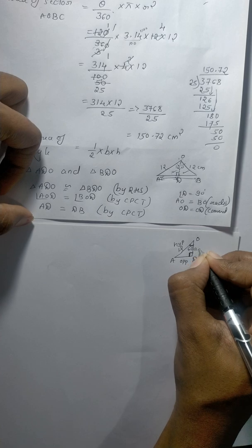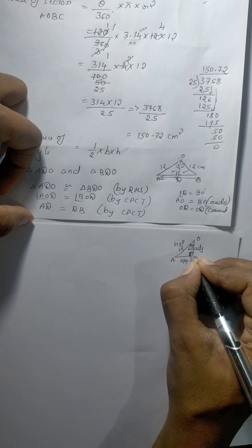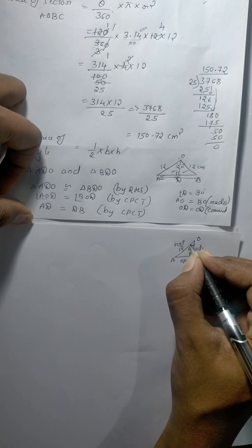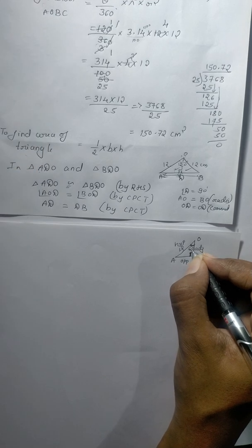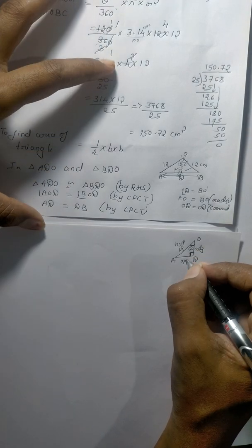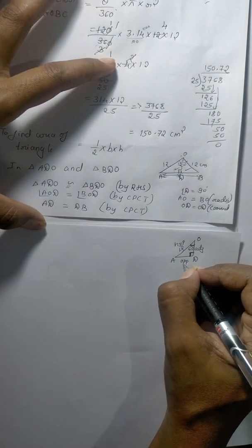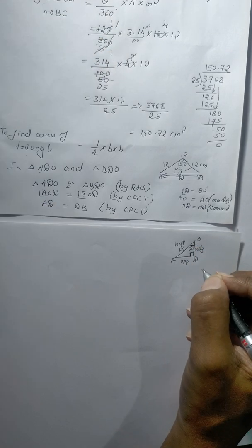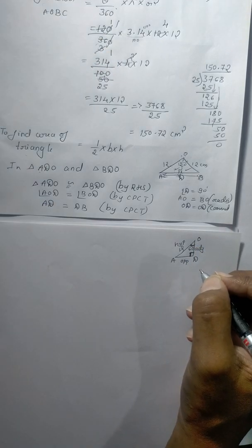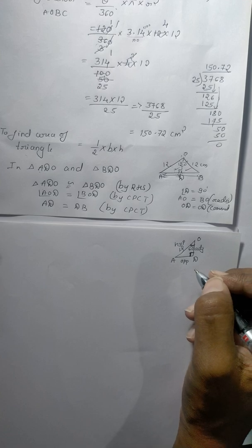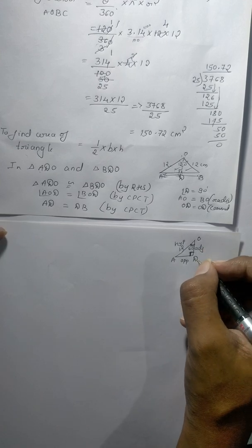The remaining is the adjacent side. This is 60 degrees, or any angle like theta. These trigonometry ratios we are studying in the next lesson, so till then remember this.